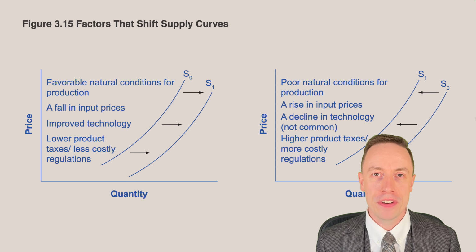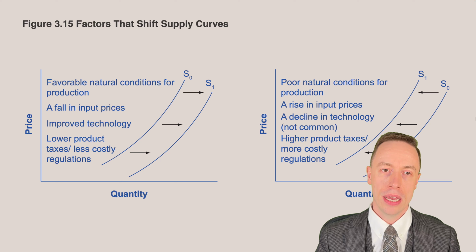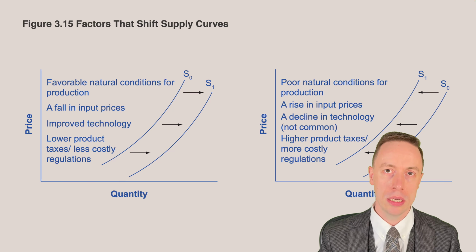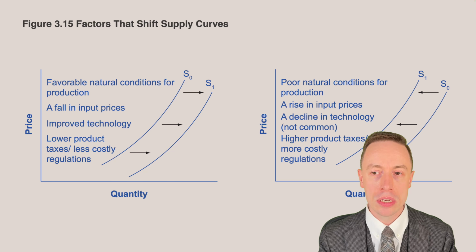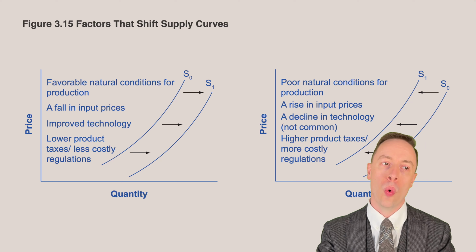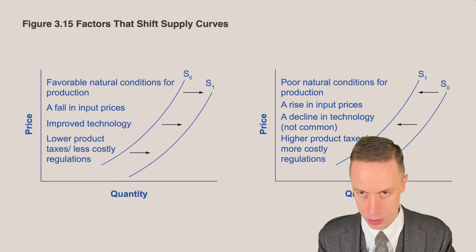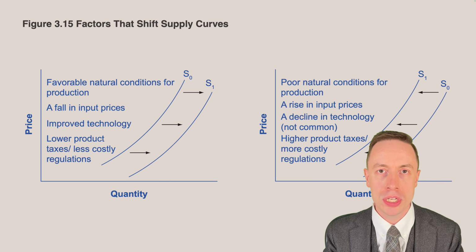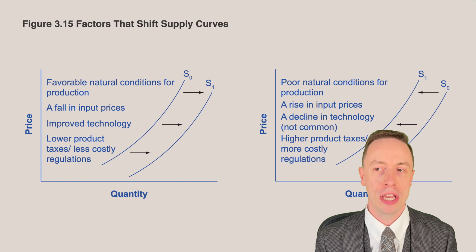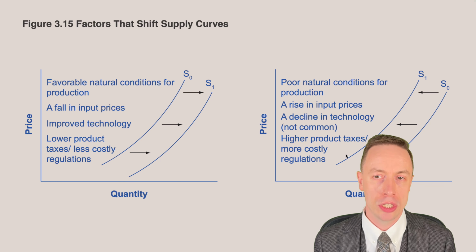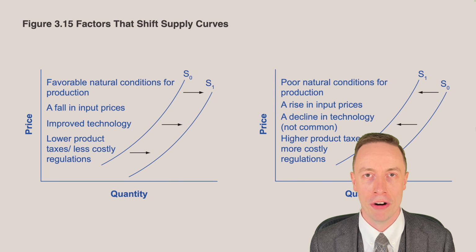And then finally, we've got other factors that can influence the cost of production that are not directly about the production mechanics. And that's, of course, if we are looking at taxes or regulations. If those drive up the cost of production, that's very similar to the idea of input prices rising and therefore giving us a decrease in the supply of the product.